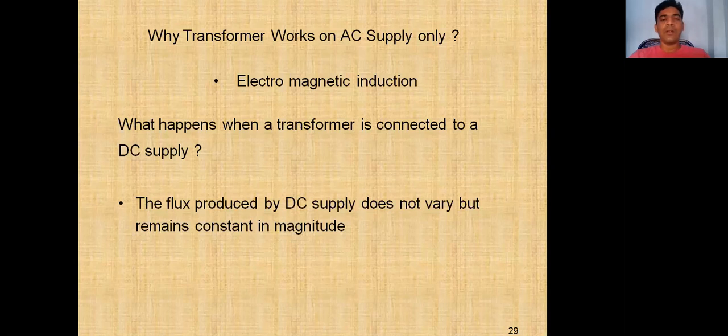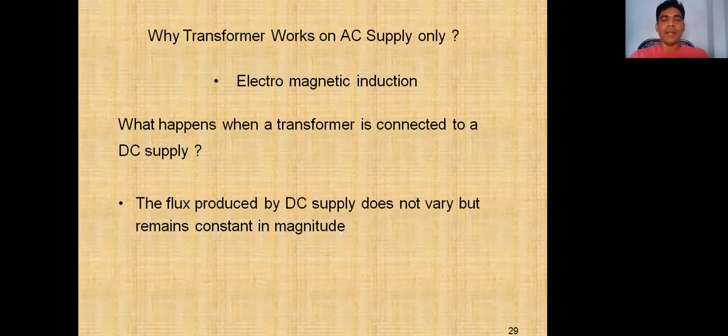The flux produced by a DC supply does not vary but remains constant in magnitude.